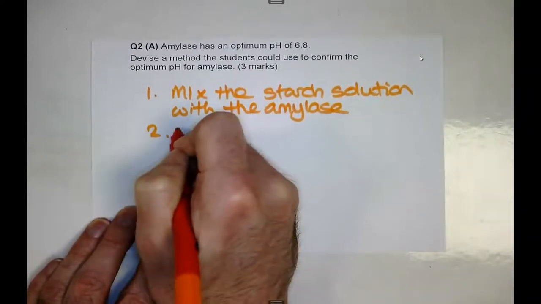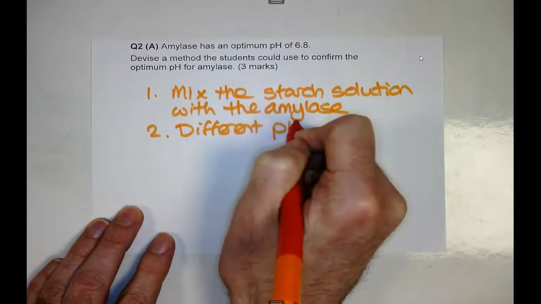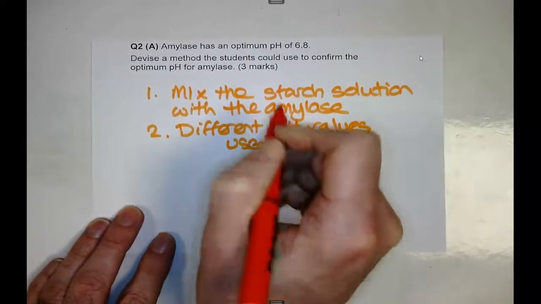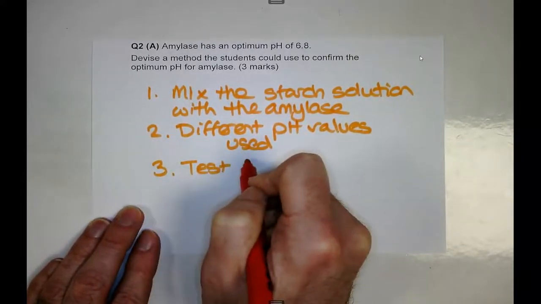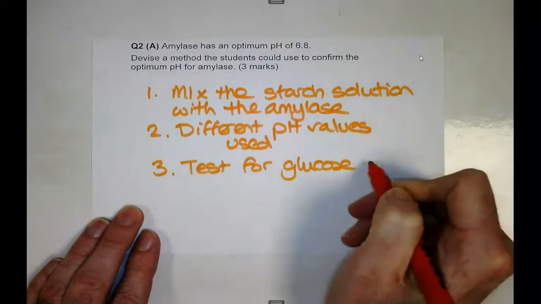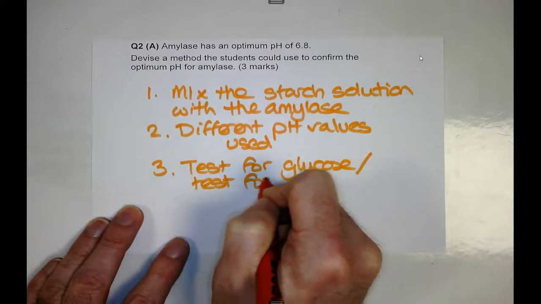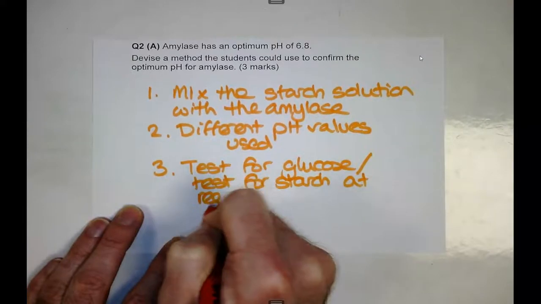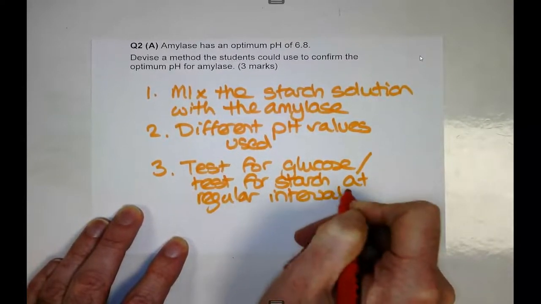And instead of temperature this time, you use different pH values. And then test for glucose, or as you know, there's a test for starch, which is the substrate. Test for starch at regular intervals. So they're the kind of method questions you get.